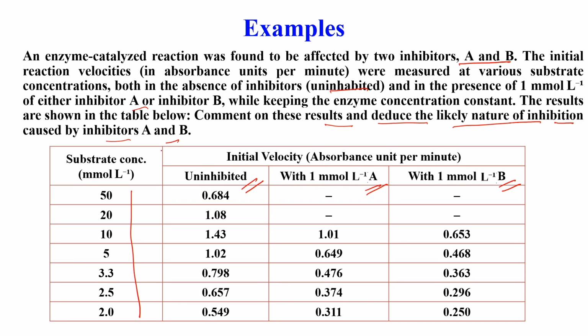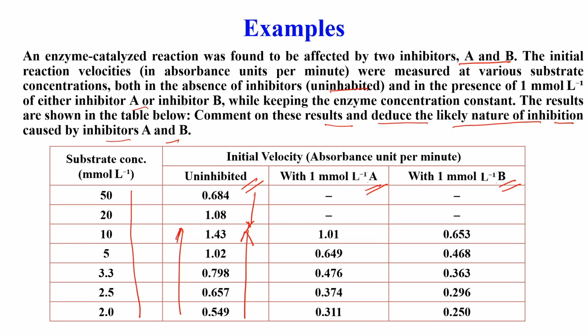So, we can quickly see, if you are increasing the substrate concentration, the rate of enzymatic reaction is increasing up to here. If you increase further, it is decreasing. So, this is an example of substrate inhibition that we will discuss in the next class. But as of now, let us consider up to here.